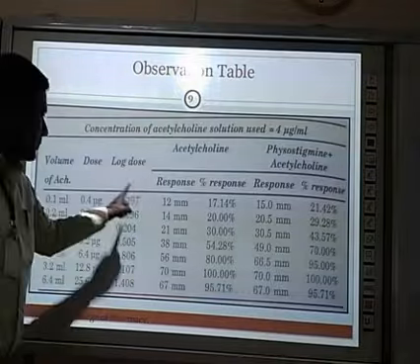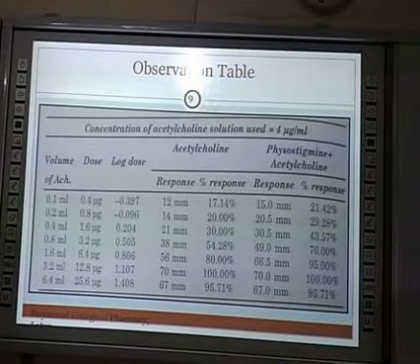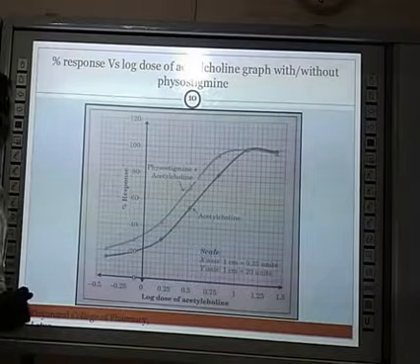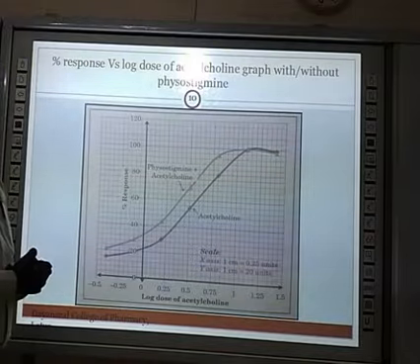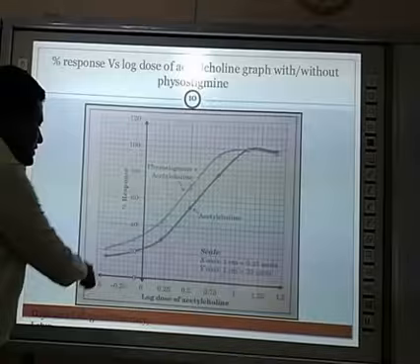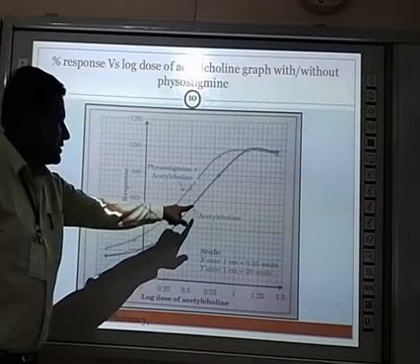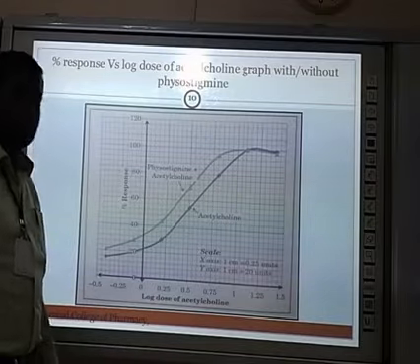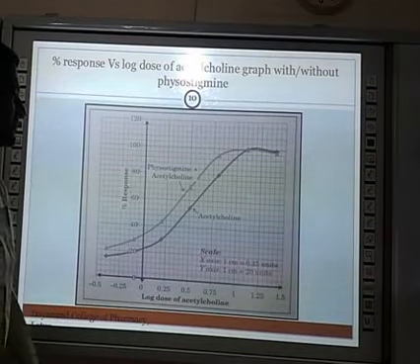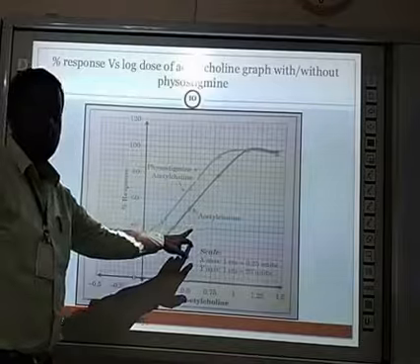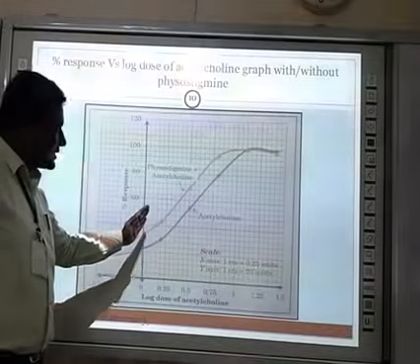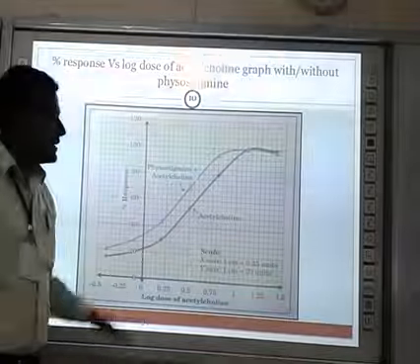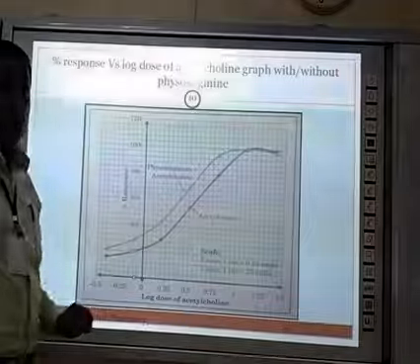Here we have plotted the graph. It shows an S-shaped, sigmoid graph: the lower line shows the response without physostigmine, that is acetylcholine only, and the left side line indicates physostigmine with acetylcholine.